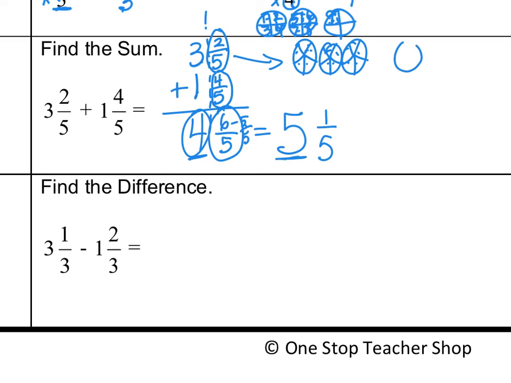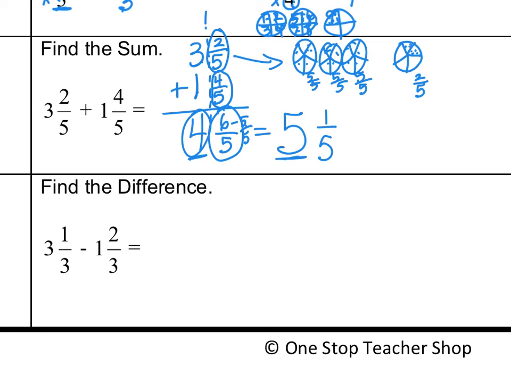And the last one, I'm just going to shade in just 2 of those. So you can see here I had 5/5, here I had 5/5, here I had 5/5, and then I had 2/5.